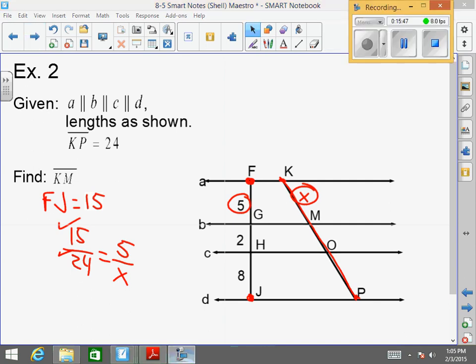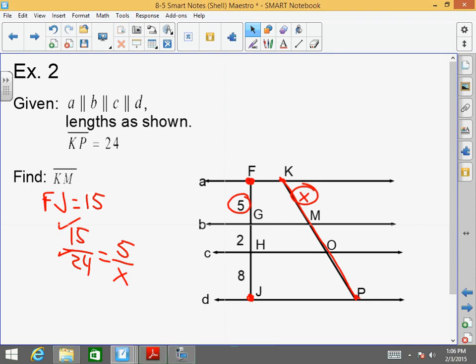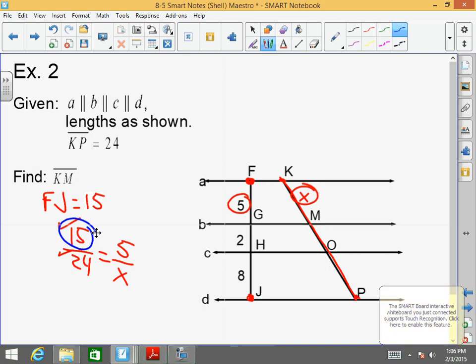Okay, guys, sorry about that slight interruption. The question I had here was a very good one. They asked me, Mr. Morrow, you went 15 to 24, and then you went 5 to x. So you went small to large, but the question here is, how do you know that 5 is the small one as opposed to x?